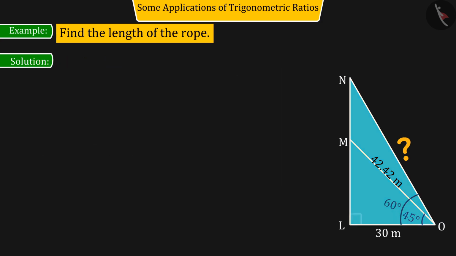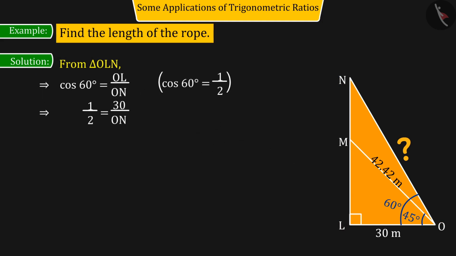Similarly, he also discusses the right angle triangle OLN, and gets the trigonometric ratio cos 60 degrees equals OL divided by ON. On substituting and solving the values, the value of ON is 60 meters.